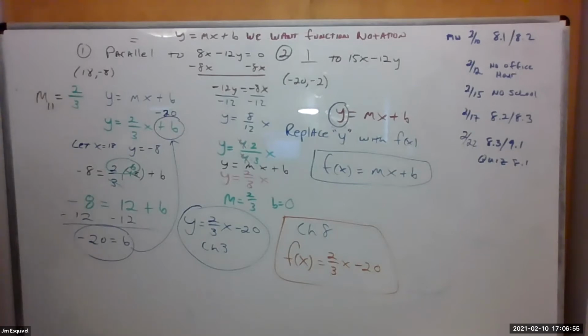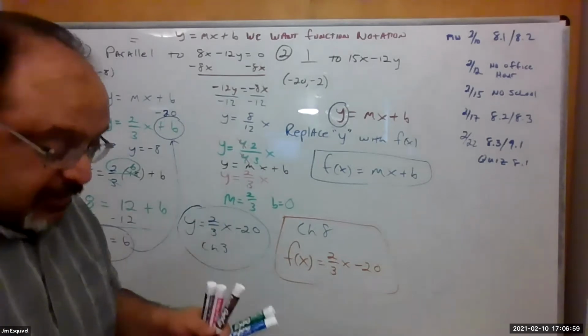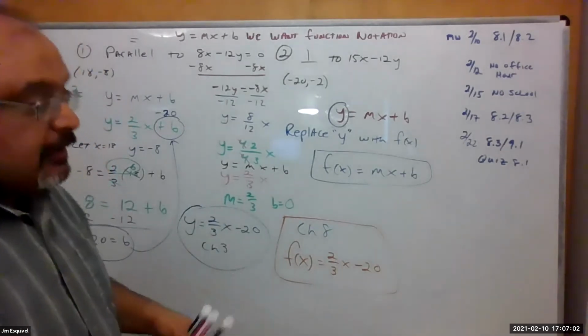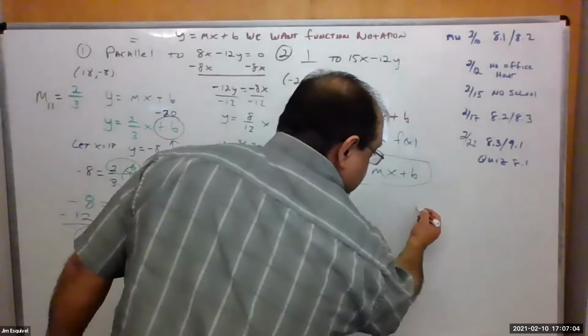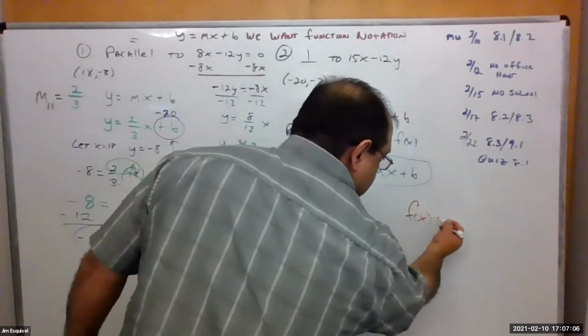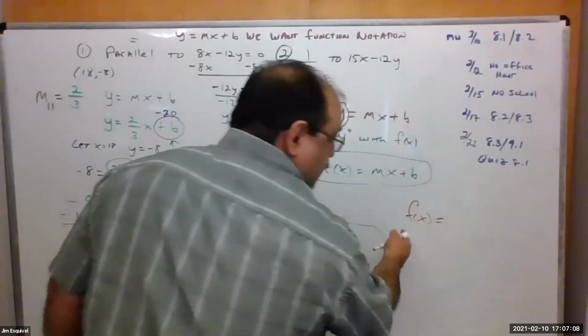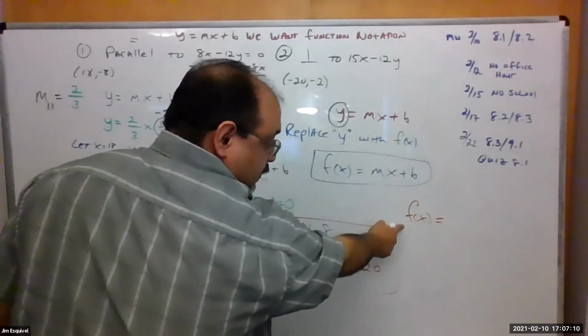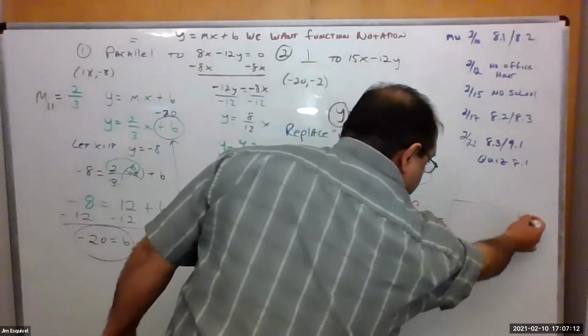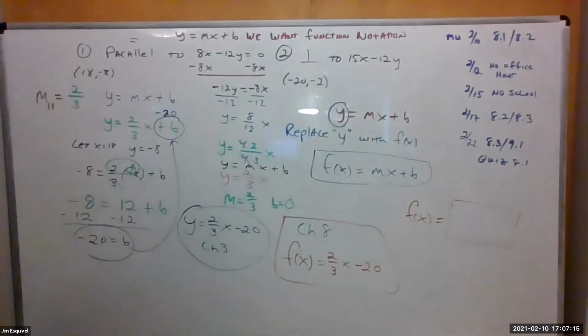Now, the worst thing about the homework, because it's online, you're typing your answers in, they already have this on your homework. They have this already waiting for you, and you're just filling in what the final answer is, the 2/3 x minus 20.